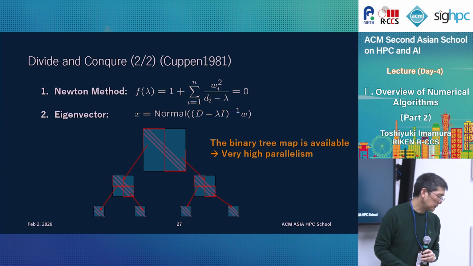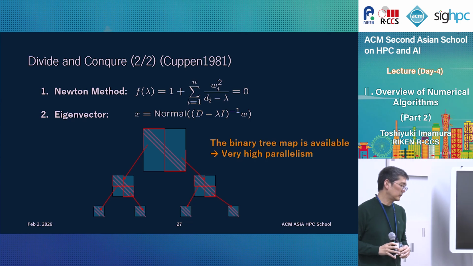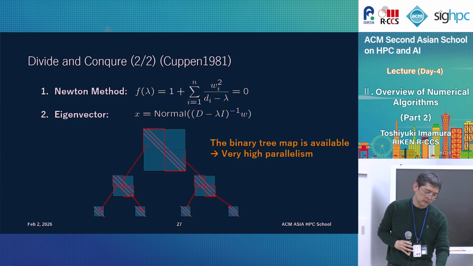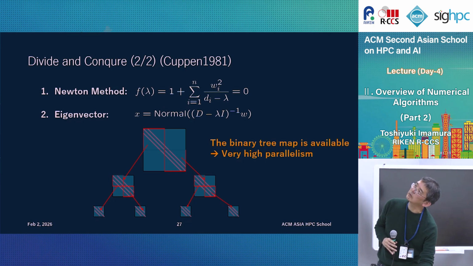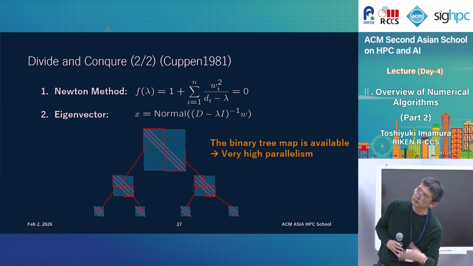So it shows a very natural high parallelism. It was proposed in 1980, so it has almost 40 years of history, but it still shows very powerful computational potential in the numerical library eigenvalue solver.